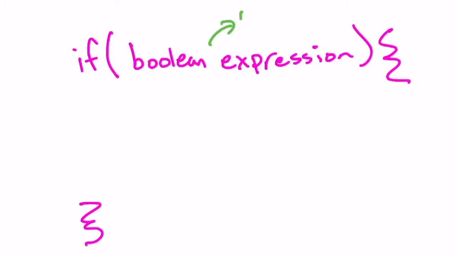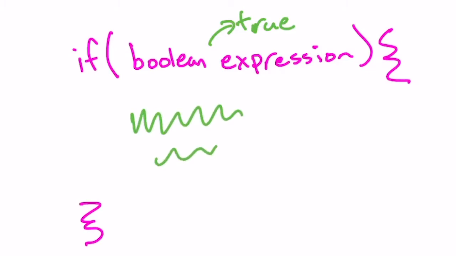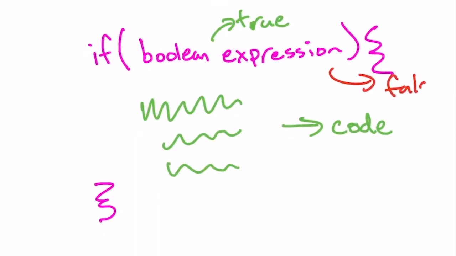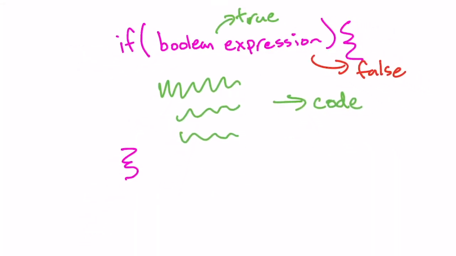If this Boolean expression evaluates to true, then whatever code is inside will be run. And if this Boolean expression is in fact false, the program will skip to the end of the bracket. So only the code inside these two brackets is specific to that Boolean expression.